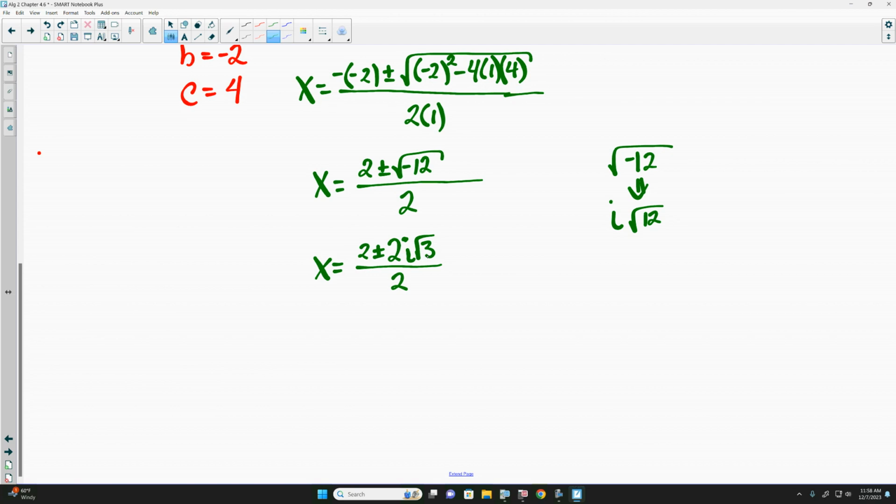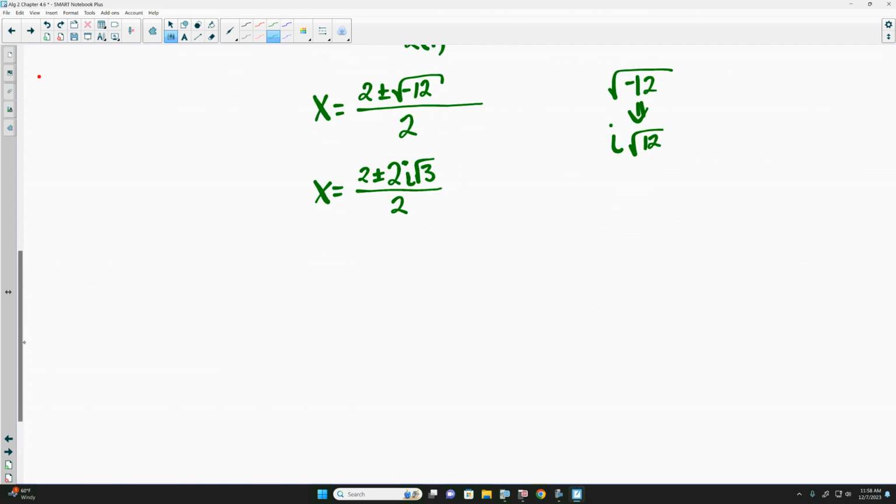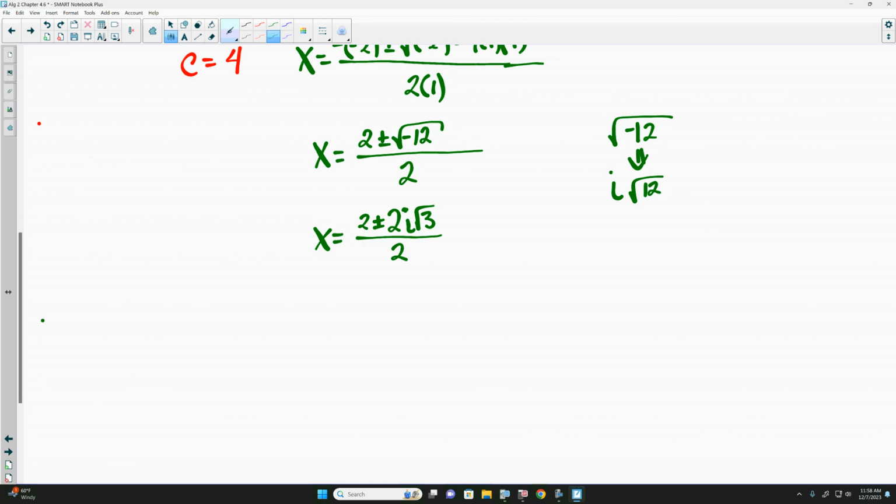Now at this point here, both terms, when I say both terms, I mean these two terms here, are both divisible by the denominator, which is 2. And our 2 divided by 2 would give us 1. And here our 2i divided by 2 would just give us i with our square root of 3.